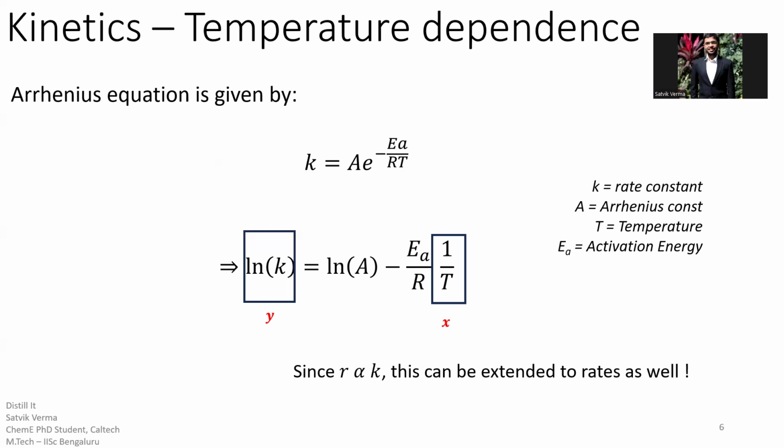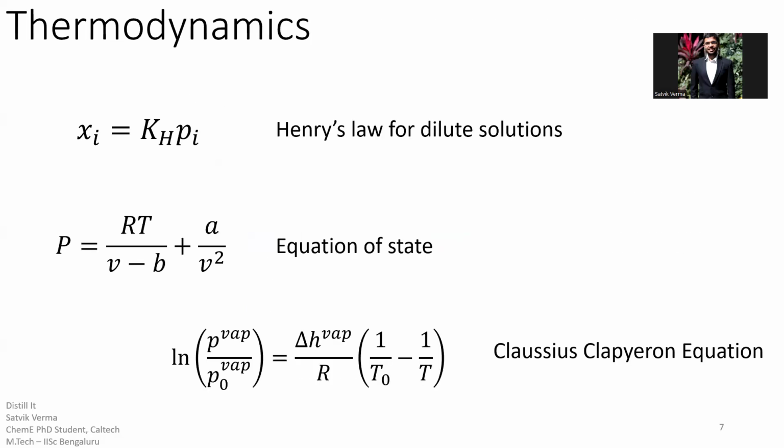So you'll get rate constants at different temperatures, and then you could use this equation to get y versus x. You could go ahead and do some logical application of this, but you can get all of these constants using linear regression. So it's a very interesting application of this.